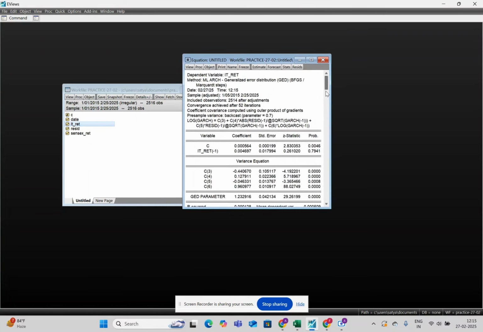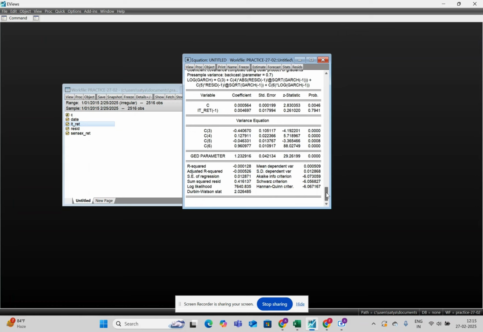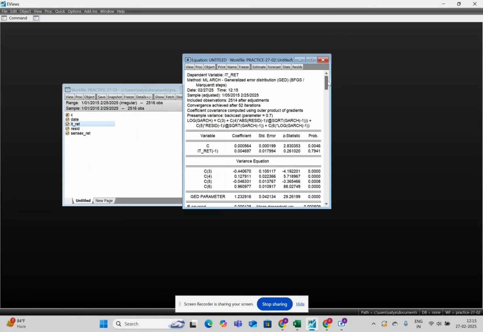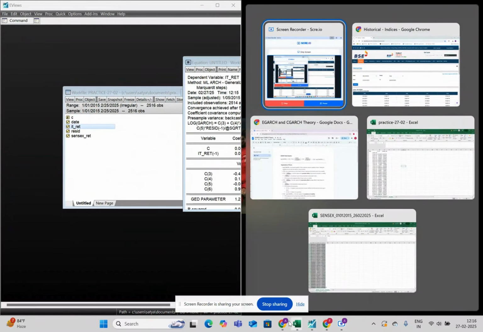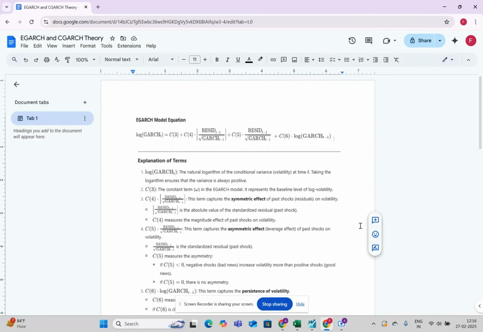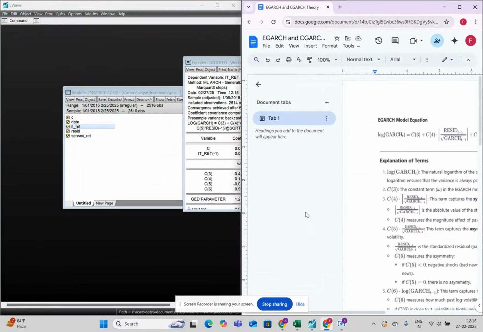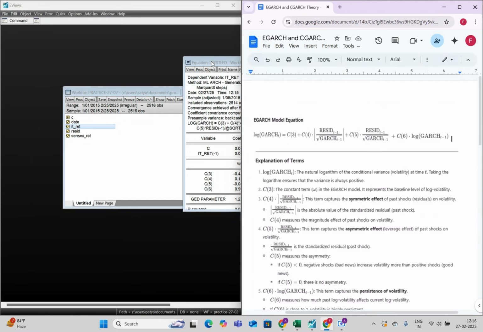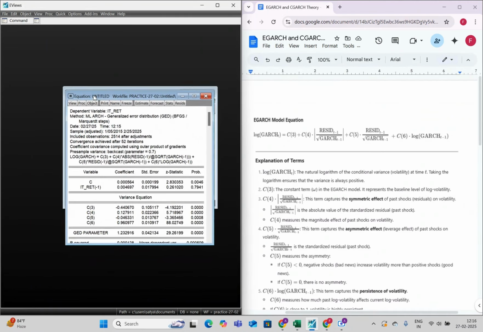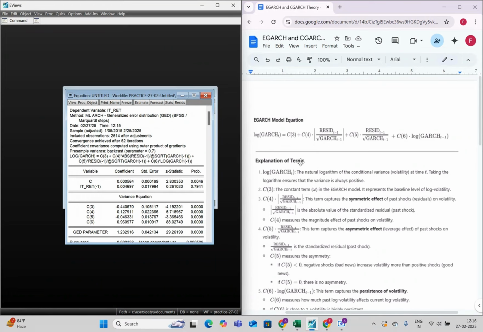Here we have the results. So let us understand it on the basis of theory. We have the EGARCH model equation here.